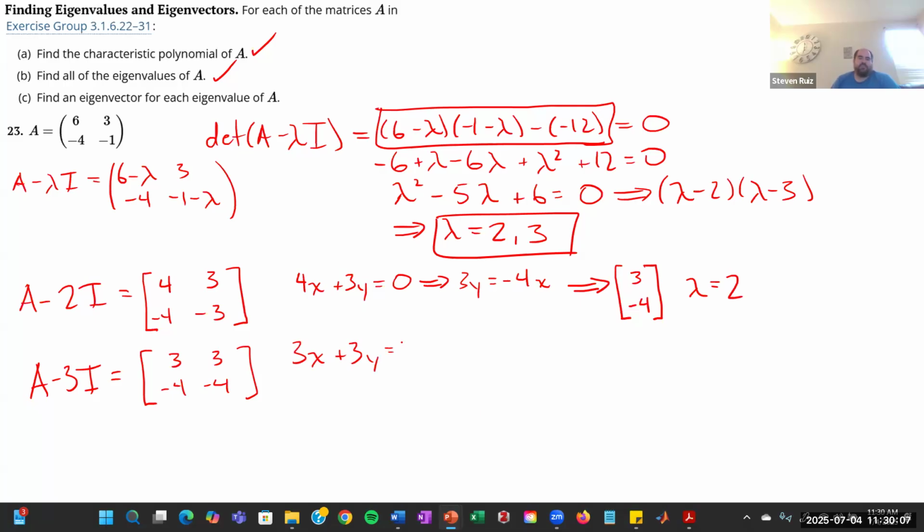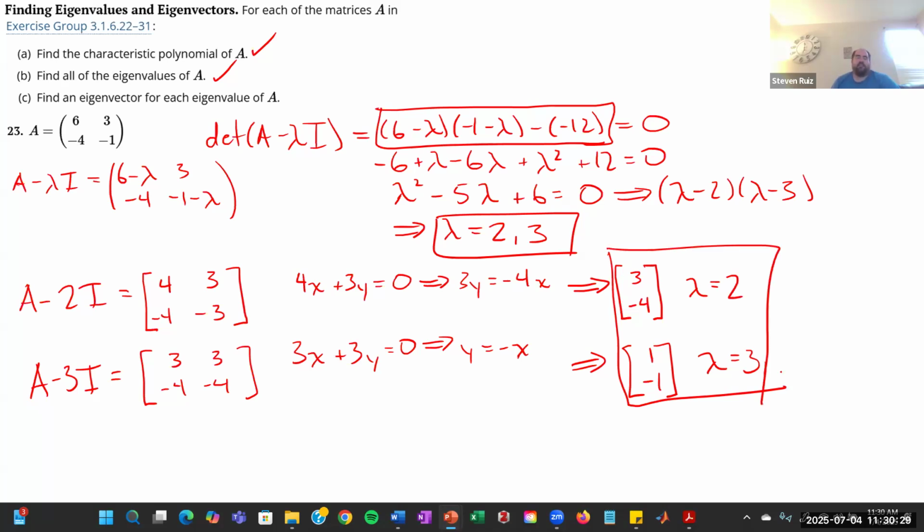So if I say 3x plus 3y equals 0, that yields y equals negative x, which I can write as this vector, as long as y and x are total opposites of each other. So 1, negative 1 is a good vector, and that corresponds to the eigenvalue lambda equals 3. Remember, eigenvectors are never unique, but they need to be paired with their appropriate eigenvalue. All right, that's all for 23.